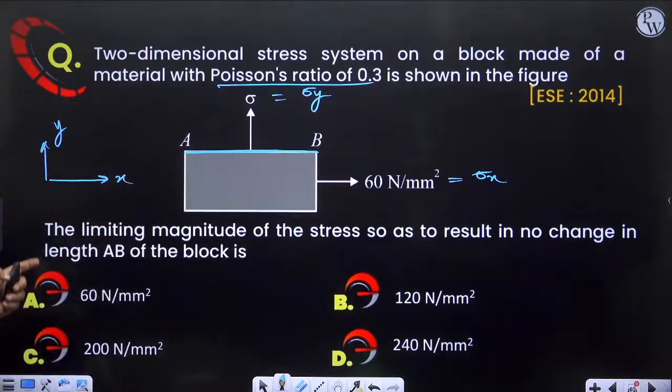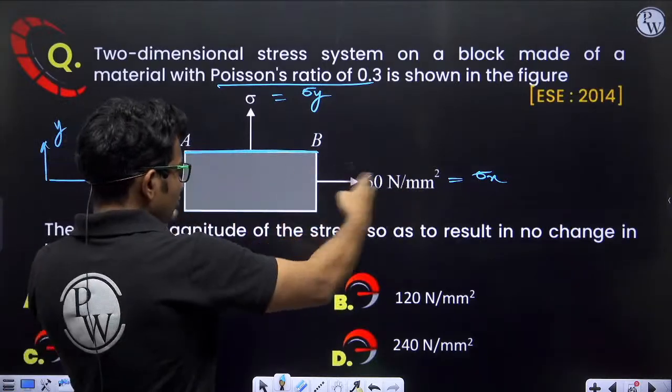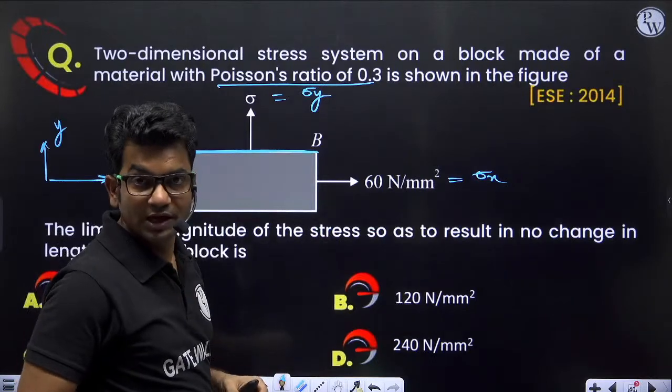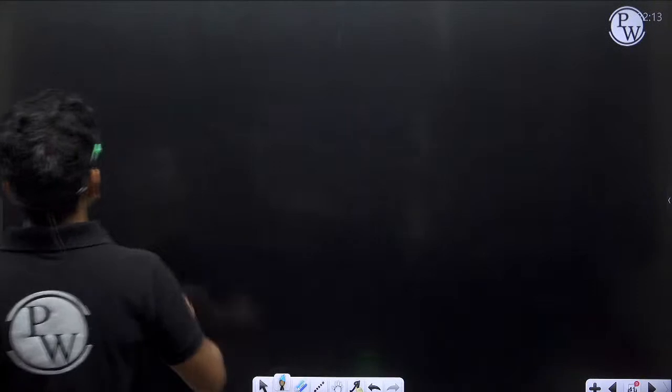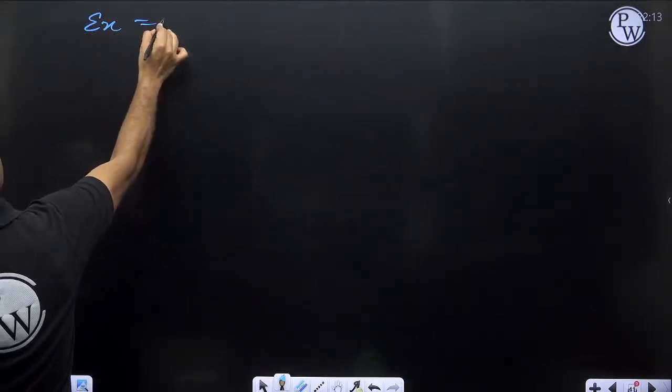That means there is no longitudinal strain in x direction. So the condition here is that strain in x direction is 0.